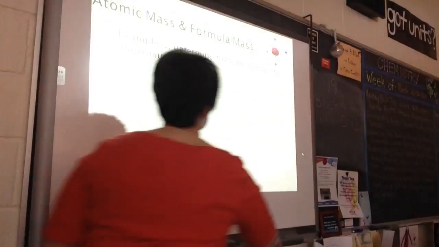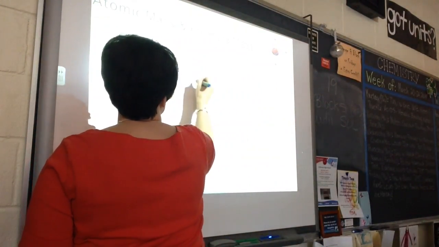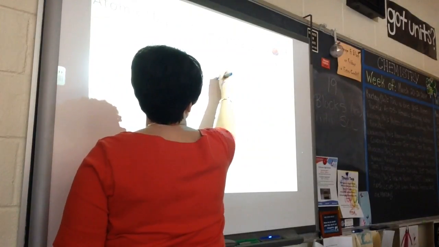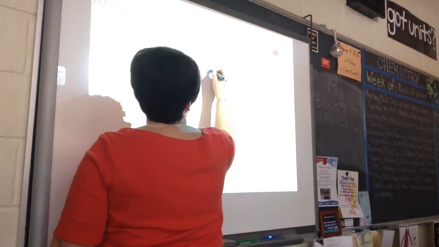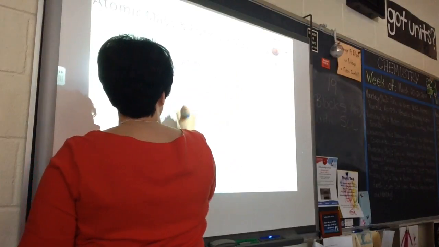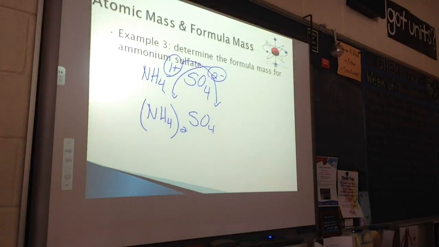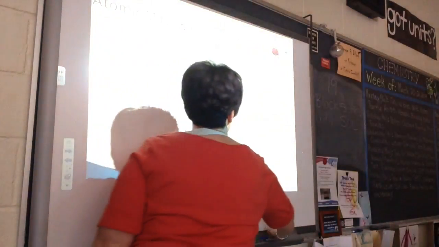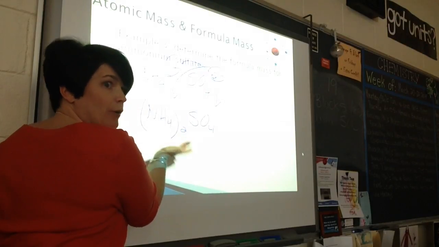No. So we crisscross, drop, and reduce. Ammonium is NH4, 1 plus charge. Sulfate, SO4, 2 minus charge. This 2 comes here. This 1 goes here. Yeah? If you can't do this, you're in trouble. Do you appreciate that?